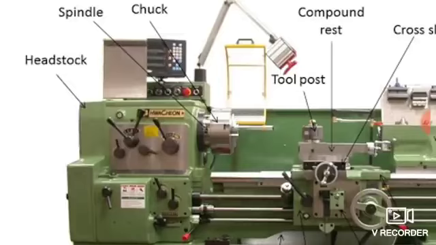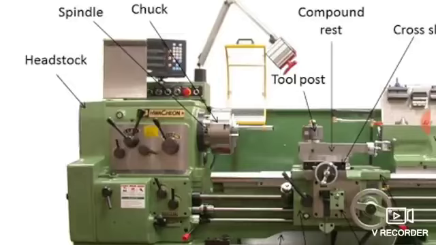That means there is a requirement of different speed, and that speed reduction or speed enhancement is done inside the headstock. Then after headstock there is a spindle on which the chuck is mounted. So spindle is a rotary member, and on the spindle there will be a chuck. So the chuck is basically used for clamping the workpiece or for holding the workpiece.